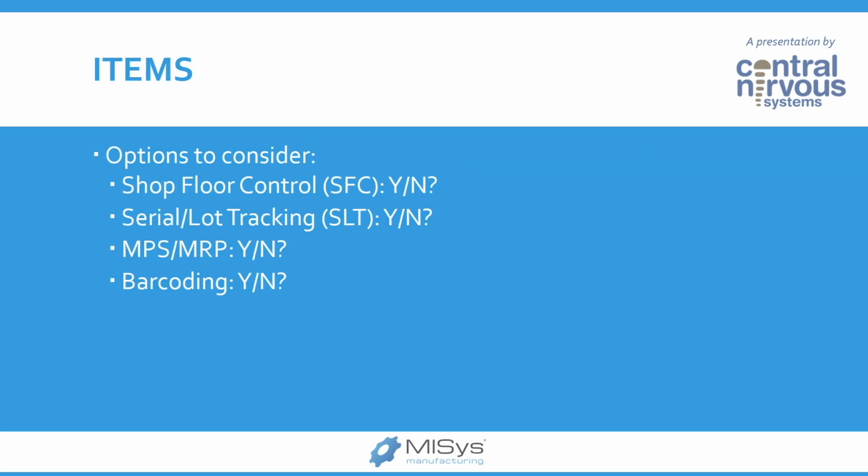The options to consider when setting up items for a process manufacturing facility is whether we're going to be using shop floor control. In shop floor control, in addition to the items that we use, we have the operations that are part of the manufacturing process.